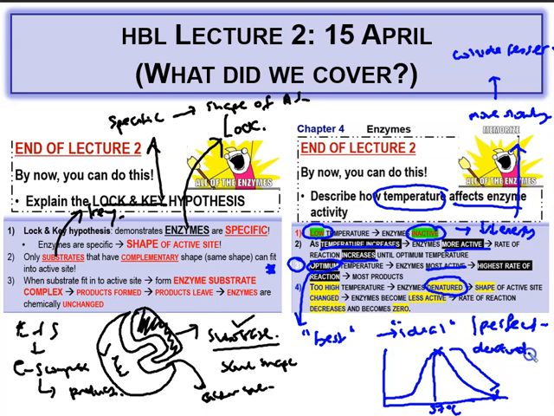Some of you remember what Miss Lee taught: denature is when the shape of the active site is changed. Since the shape of the active site is changed, the enzyme is less active, the rate of reaction will decrease and it will become 0. So this was what we covered in the previous lecture on the 15th of April.